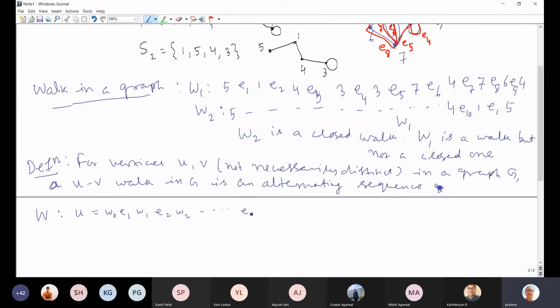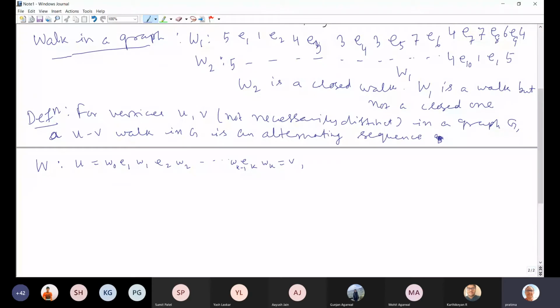Suppose we have this Ek and say Wk. And here you had of course Wk minus 1, and this last vertex Wk is V. Okay, so here the alternating sequence W is vertices and edges, and not necessarily all the vertices are distinct.